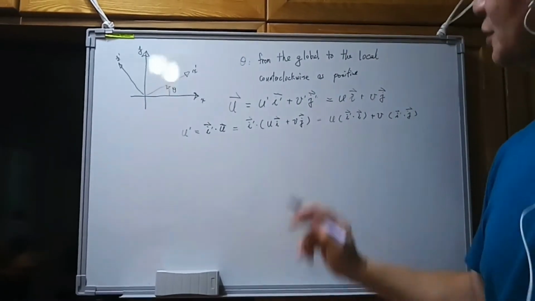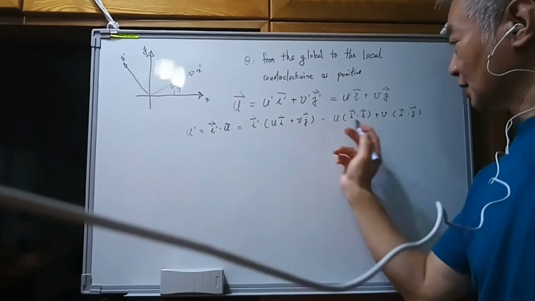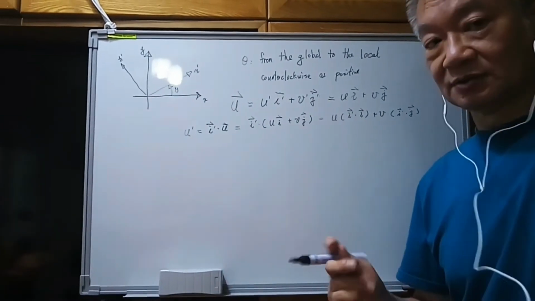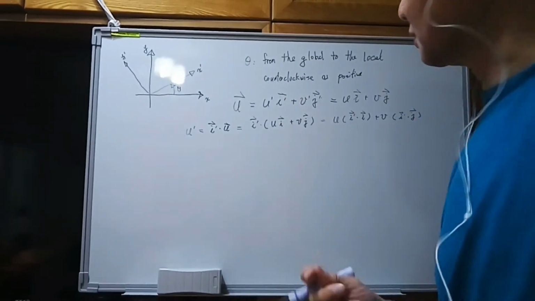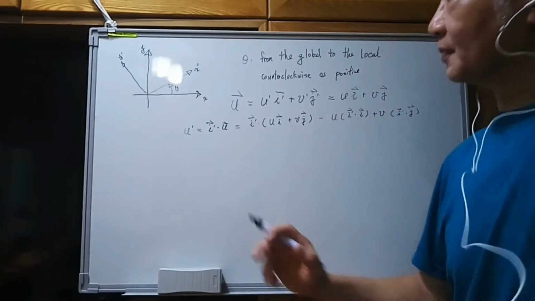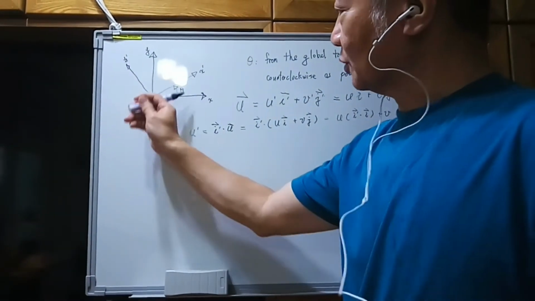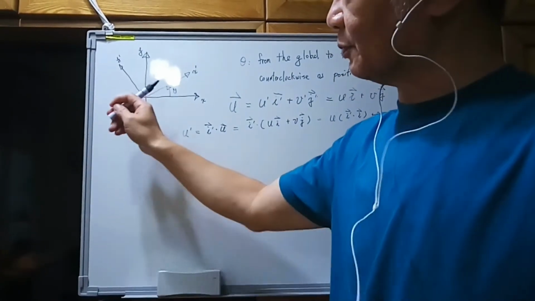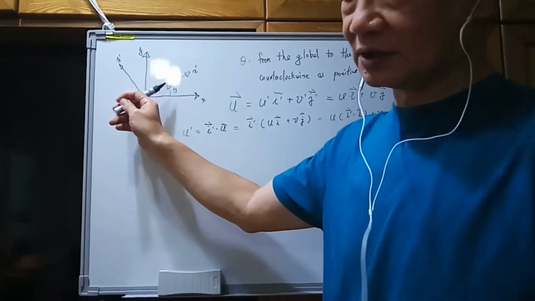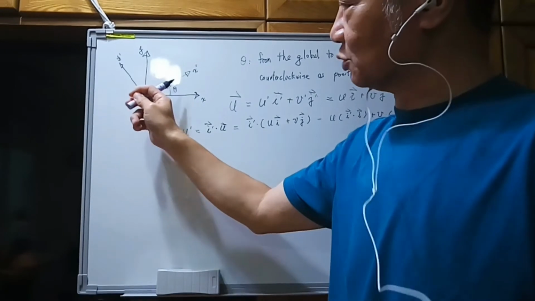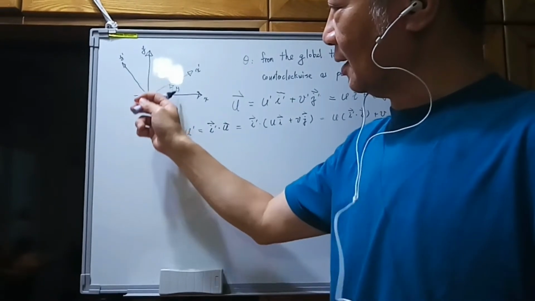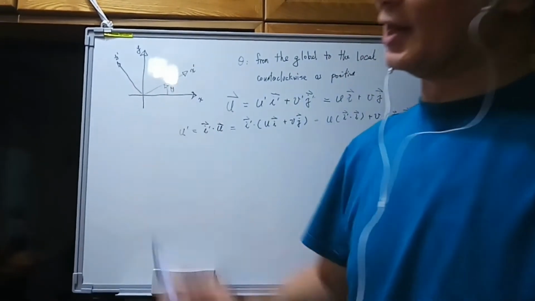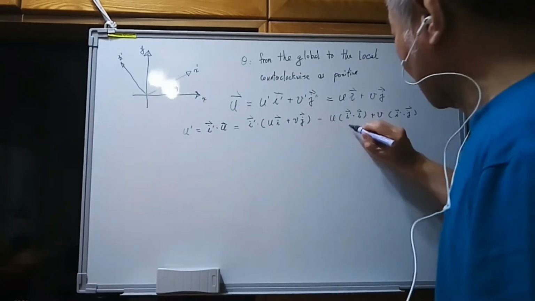If we can calculate the dot product between the two unit vectors, then we can get this. And i prime dot i will be the cosine theta, the projection of a unit vector along the x prime direction, and what will be the projected length. So it will be the cosine theta.